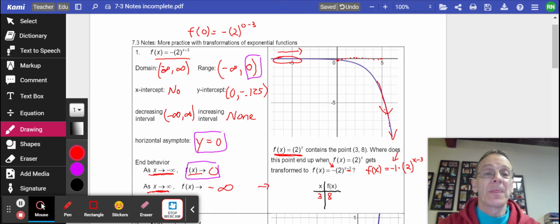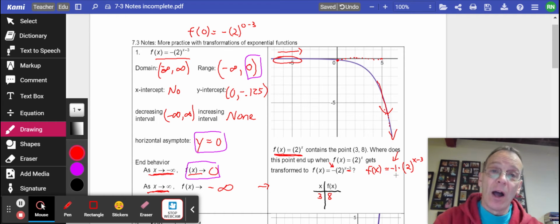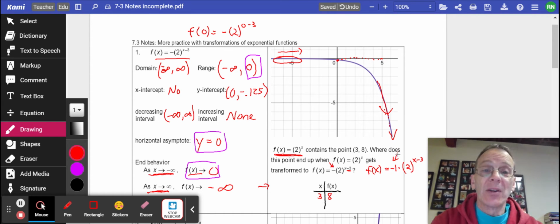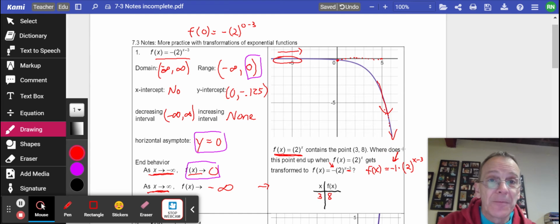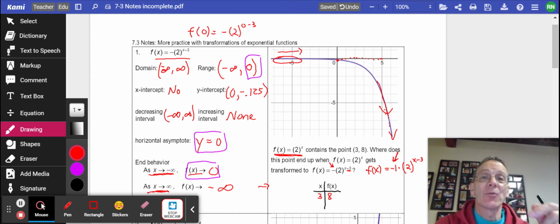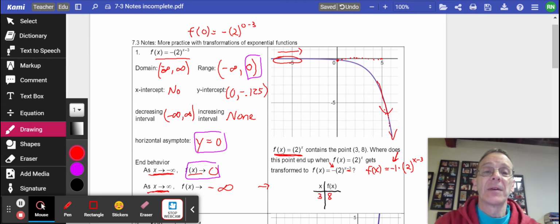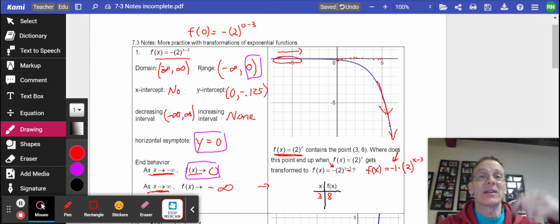But also, because this is just a 1, so it's not going to stretch or shrink, because of the negative, that creates a reflection. Okay? And it's reflecting the y values. It's turning positive y values into negative y values and vice versa.